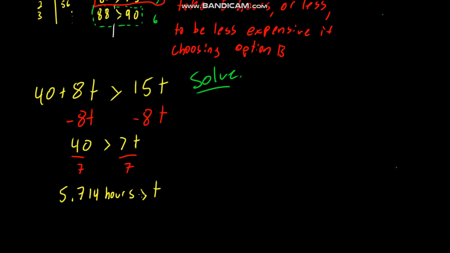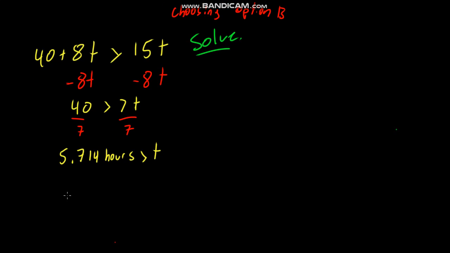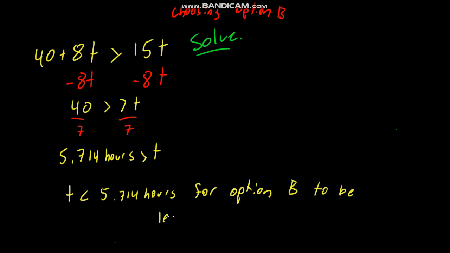This is kind of awkward to say, so I'm going to rewrite this in a different way. t has to be less than 5.71 hours for option B to be less money than option A.